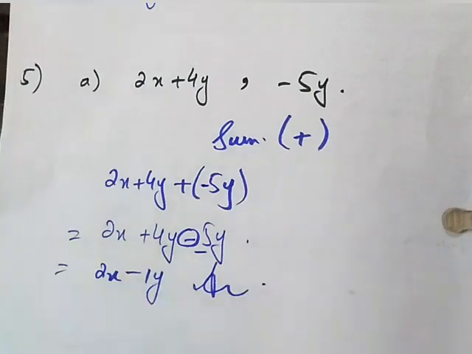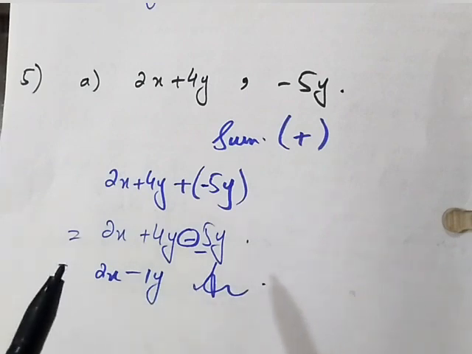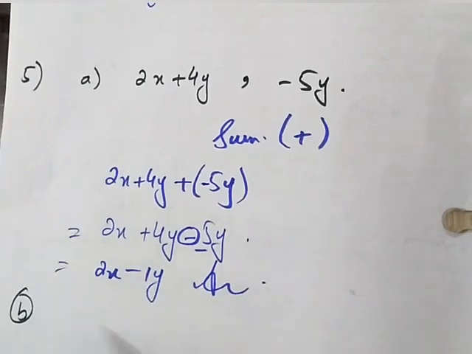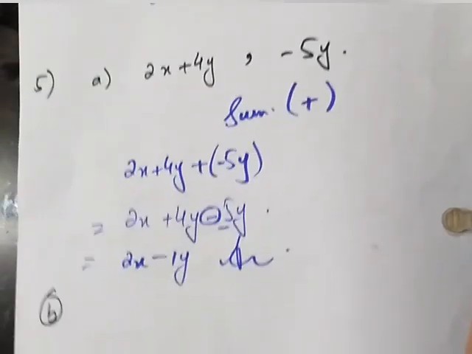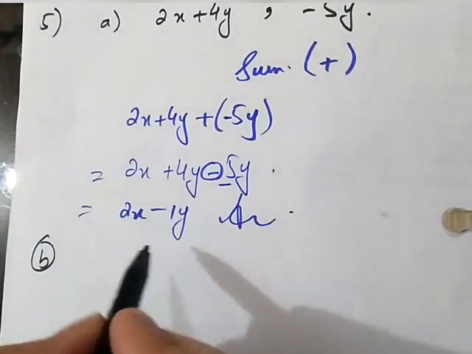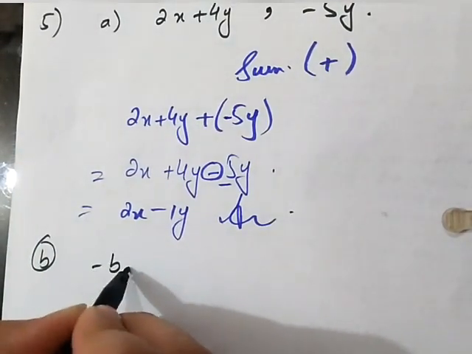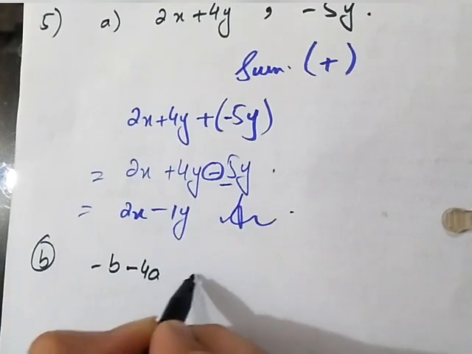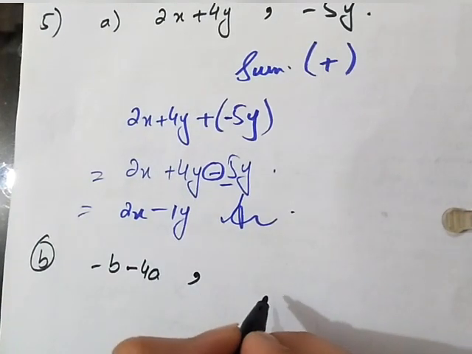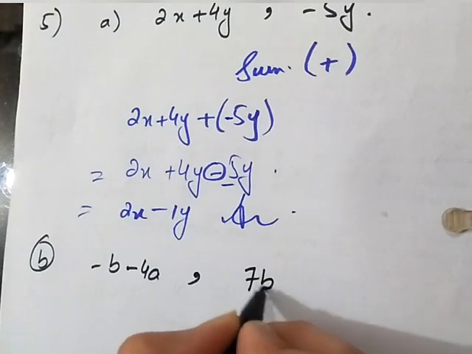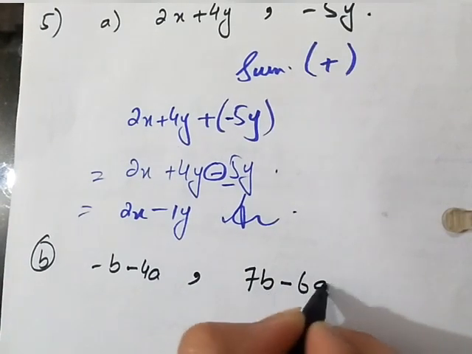Now part B. Yes. Now part B, we have minus b minus 4a, again a comma, then 7b minus 6a.